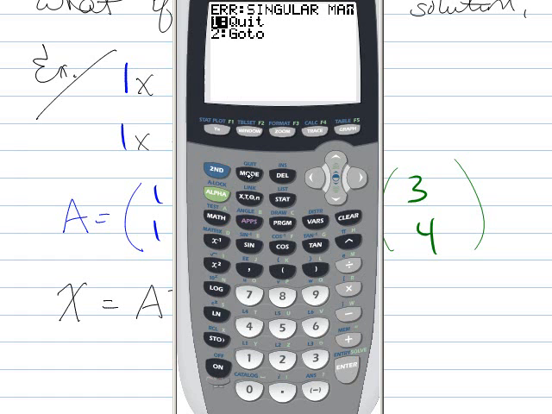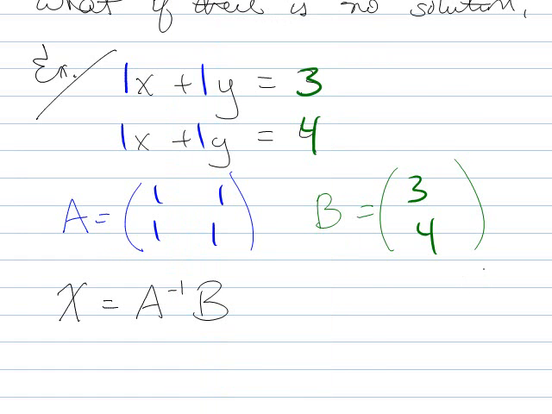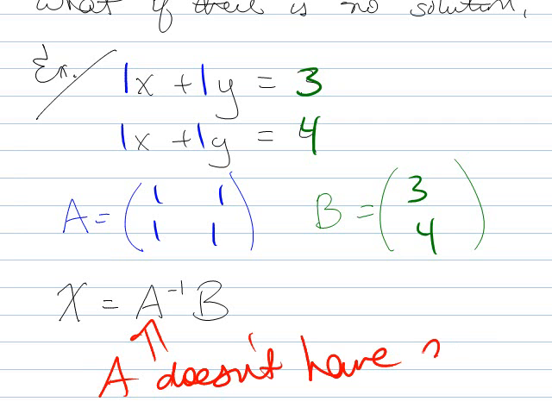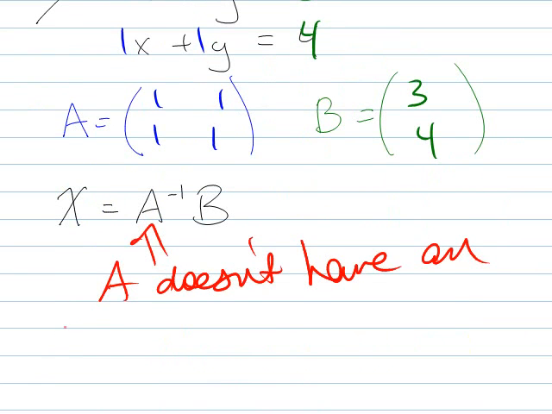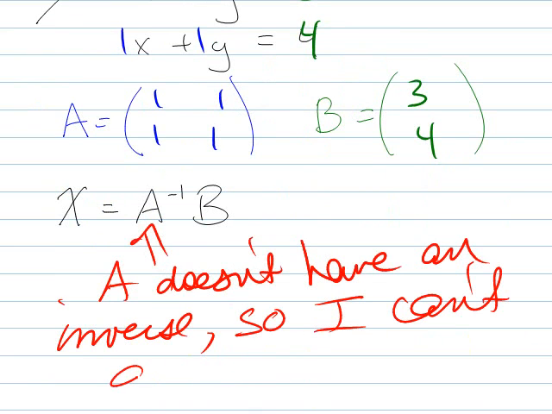This system of equations doesn't have an inverse. A doesn't have an inverse, so I can't do it. I can't find it. Which is good, because there's no solution anyway.